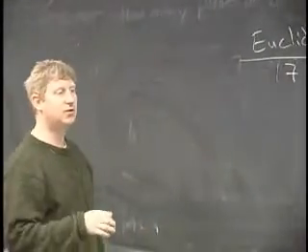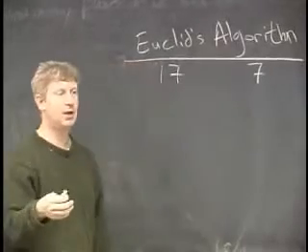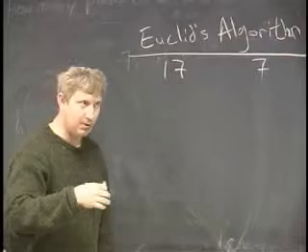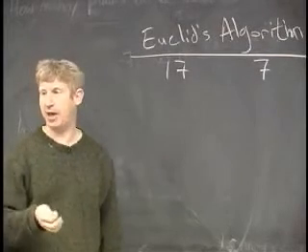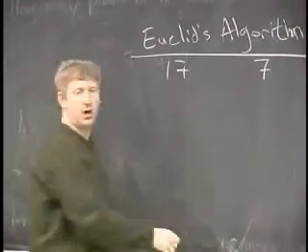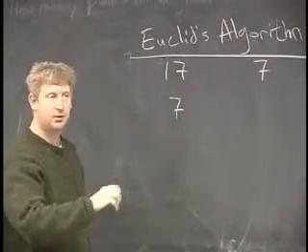Here's what Euclid says. Euclid says, look, if you give me two numbers, 17 and 7, for example, then the greatest common divisor of these two numbers is the same as the greatest common divisor of these two other smaller numbers that I will tell you how to get. And here's how to get them. Take your smaller number and use that as your bigger number for the next pair.